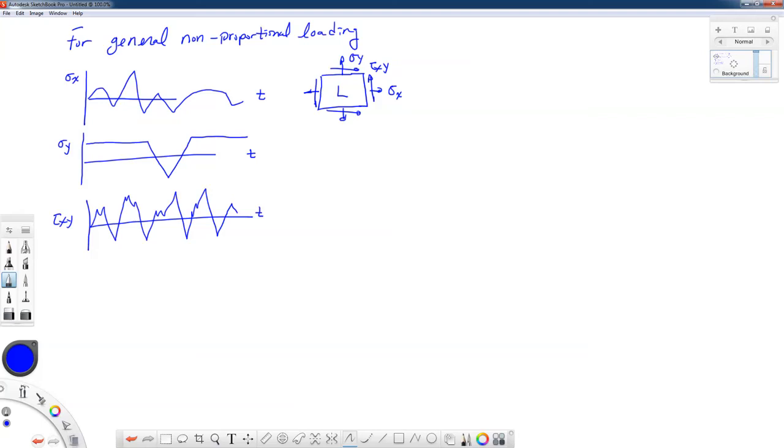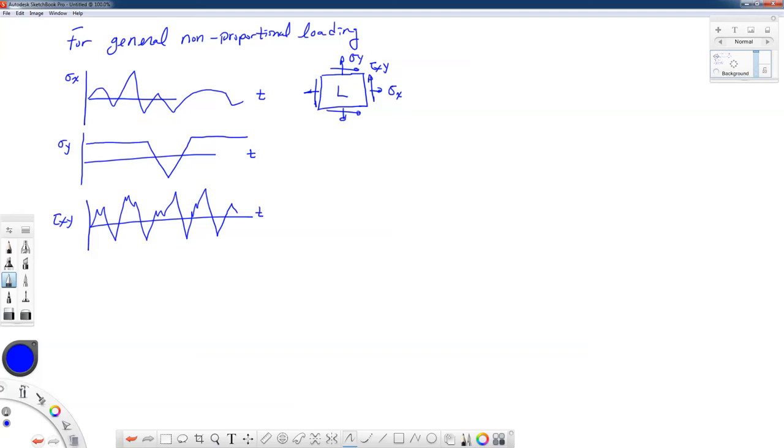So if you have a hole in a thin plate, if you look at how that structure is loaded, maybe you have lots of different loads, the forces might be changing rapidly, non-proportionally, but the stress state at the surface of the hole in a thin plate would be uniaxial no matter what kind of loads you put on it. And so that would be a proportional type stress history.